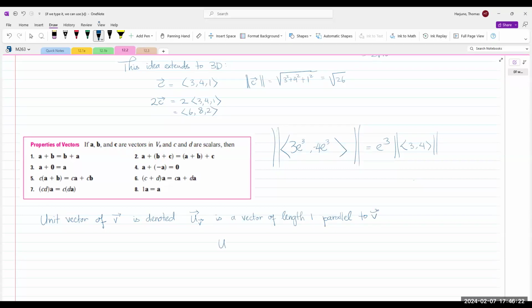Okay, so the unit vector of vector v is for sure parallel to vector v. Okay, in fact, parallel and in the same direction. And the magnitude of that unit vector is equal to 1.